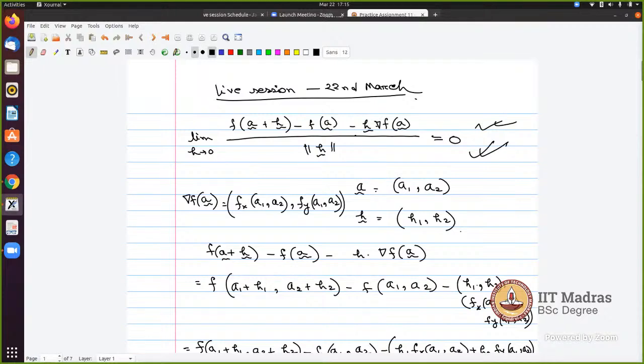Yes, but I have not yet checked that. I'm just writing the definition, and I'm not taking into consideration that it must be continuous. It is just the existence of the partial derivatives. If this whole limit exists and it is 0, then we can conclude. Right. Okay, got it.